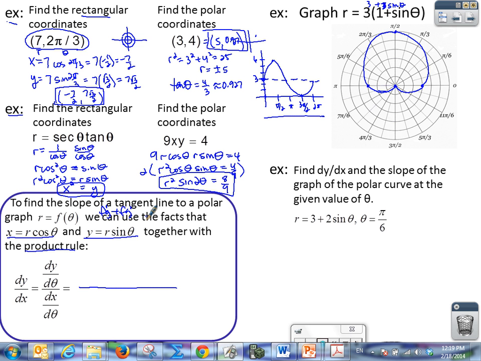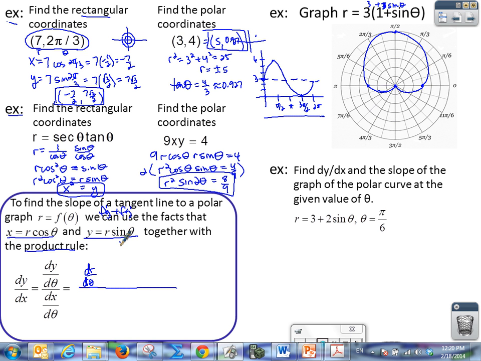So I'm going to do dy/d theta. Why are we using the product rule? Well, I have an r, which is a function, and I have a sine, which is a function. That's a function times a function, so I have to use the product rule. I take the derivative of the first thing, which is r. It's not a theta, so I have to tag it. So the derivative of r is 1, and I tag it: dr/d theta.